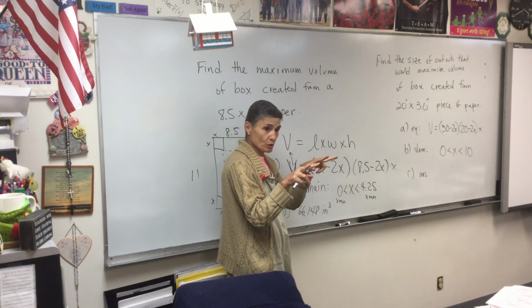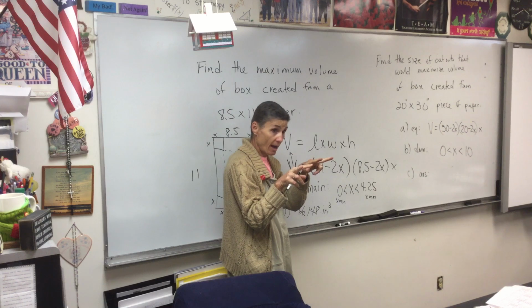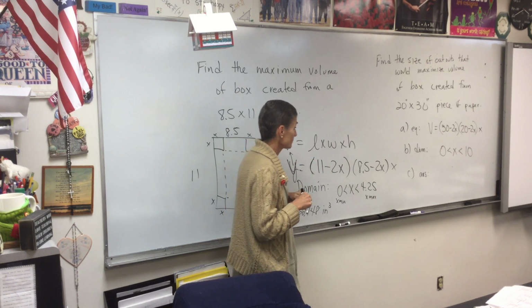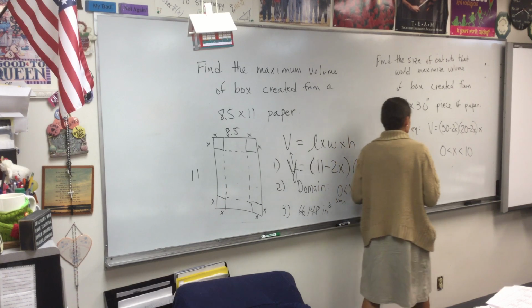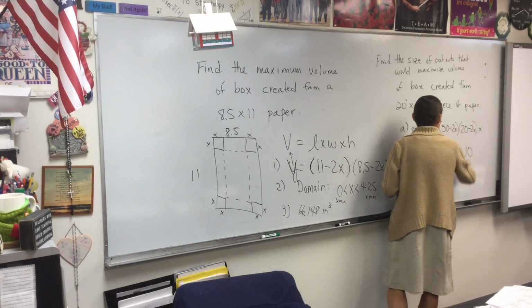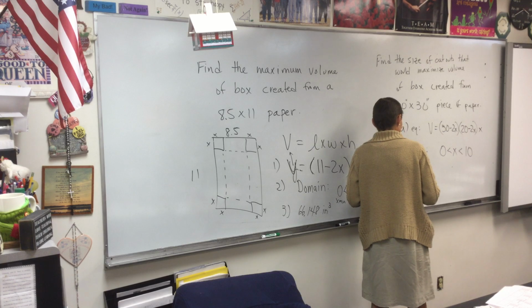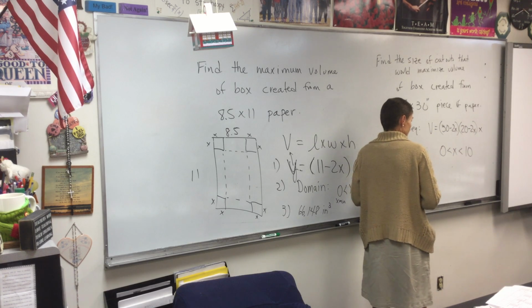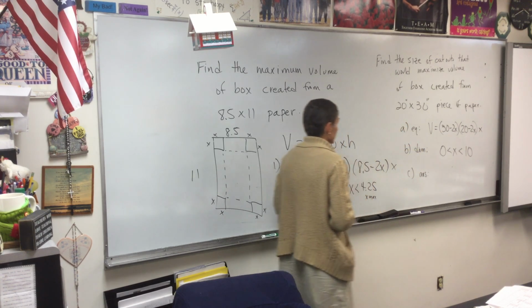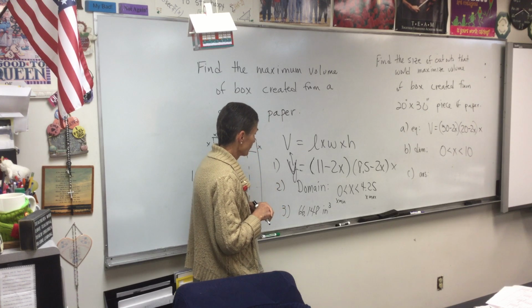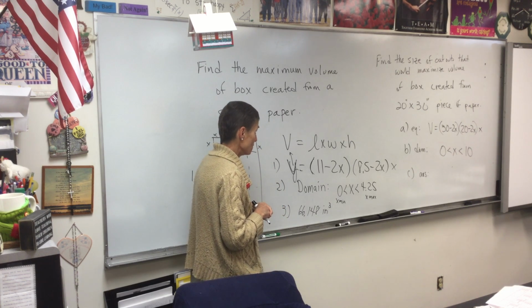So the most you could chop off of both sides would be 10. So you set up your X-min and your X-max. Y-min is still 0, right? Because Y is volume. You'll need a bigger window this time, probably.